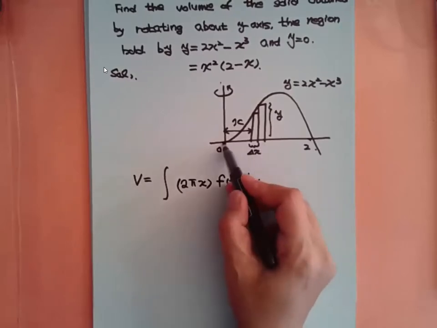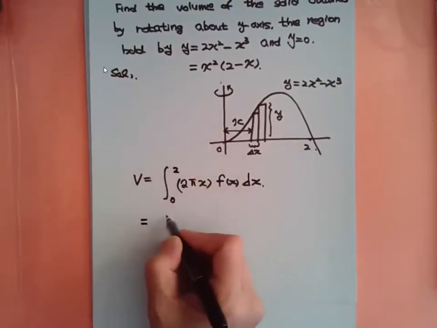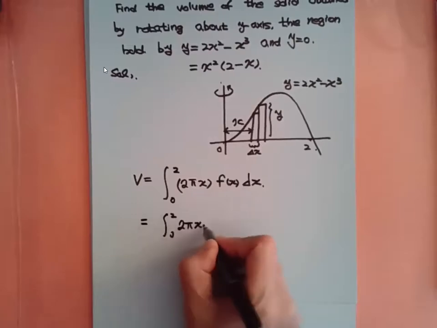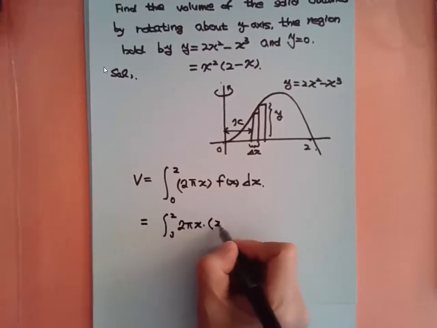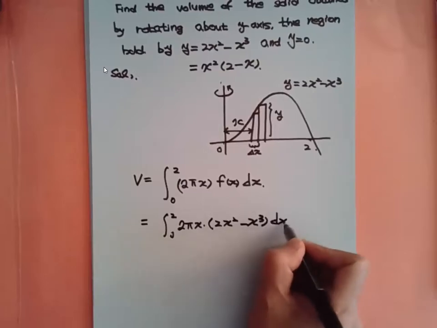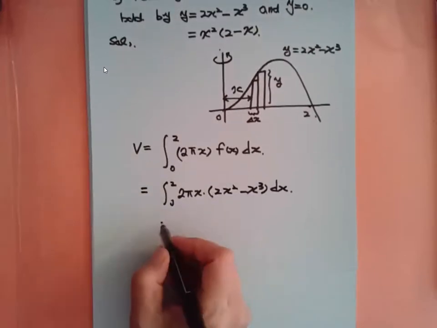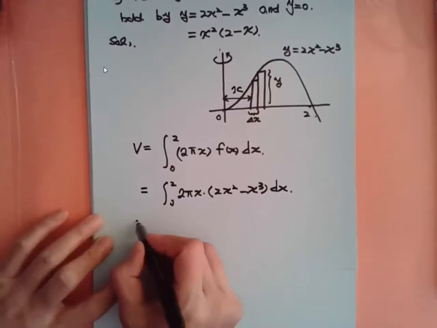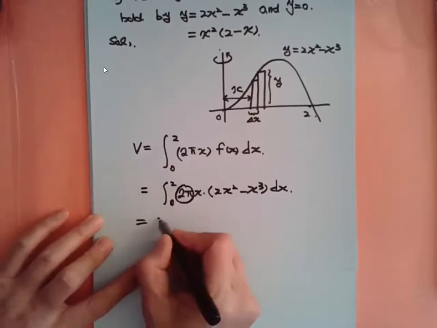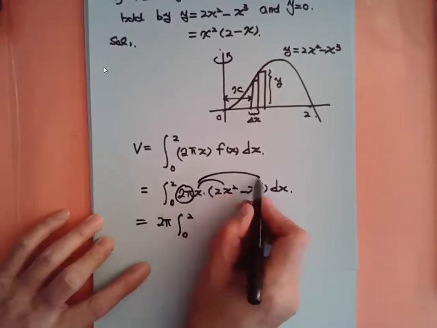The x ranges between 0 and 2. So 0 to 2, 2 pi x times f of x, which is 2x squared minus x cubed, dx. So we take this out, so 2 pi from 0 to 2, and then we distribute.